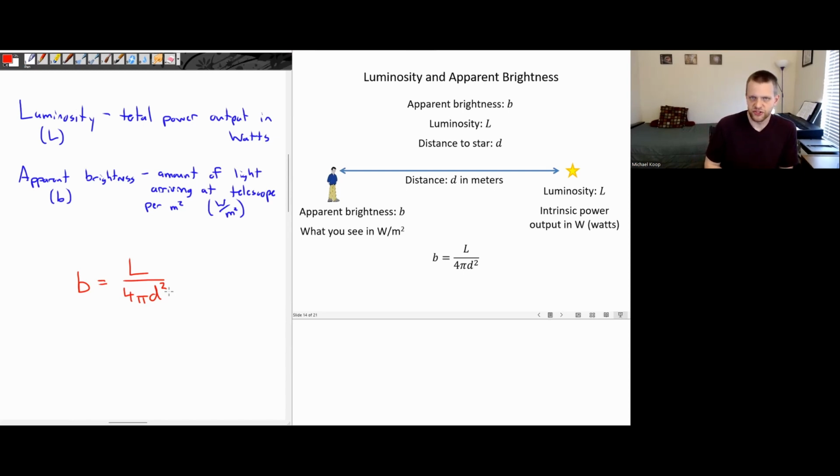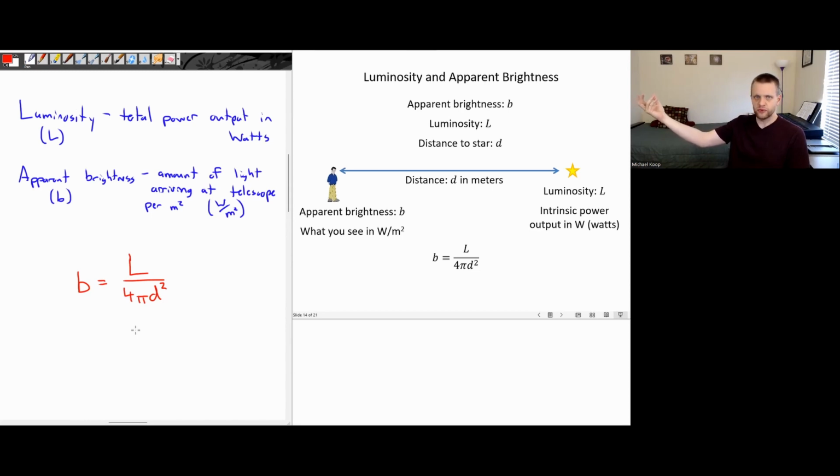Let's play around with this just a little bit and see how these quantities relate to each other. So let's say I'm looking at a light bulb, and it has a certain power output. Let's say it's a 100-watt light bulb, and it's a certain distance away. To my eyes, it has a certain apparent brightness.